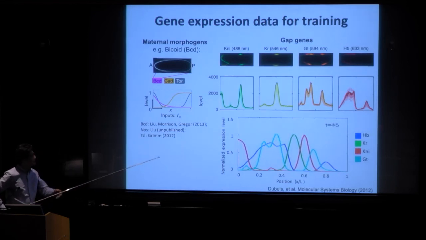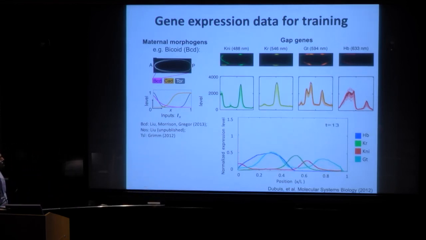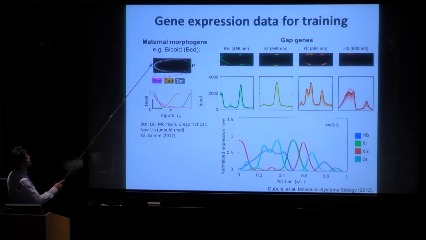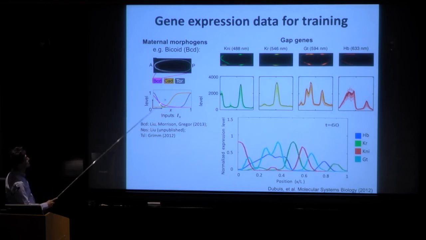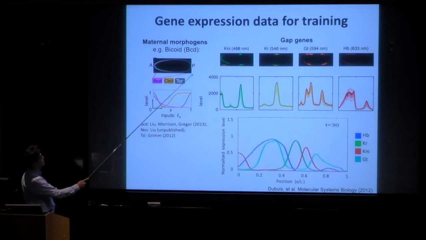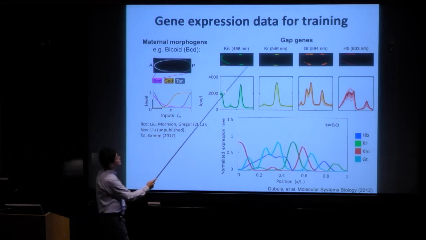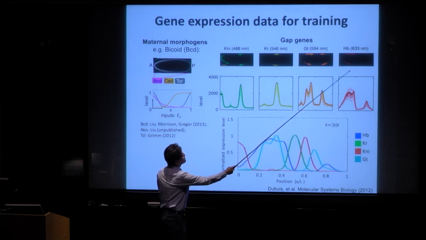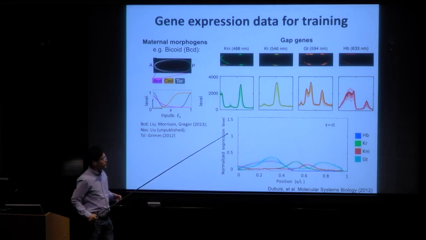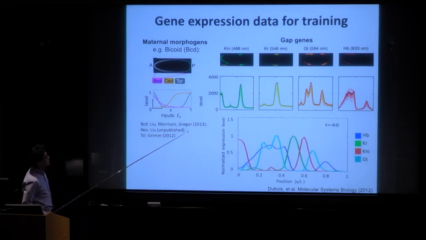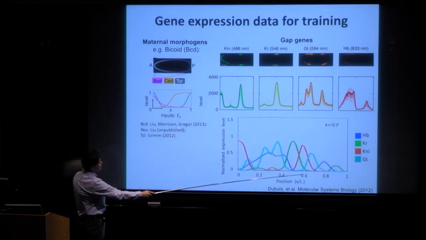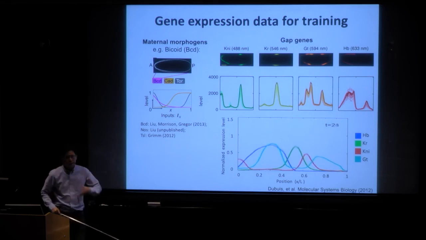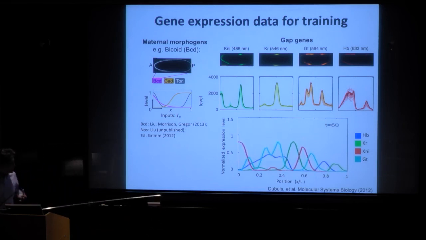And this is the kind of data we use to train the system. For the morphogens, people can measure their expression from the anterior to the posterior, and then the 4 gap genes, you can do immunostaining to measure their expression in space and in time, because you do them at different stages.